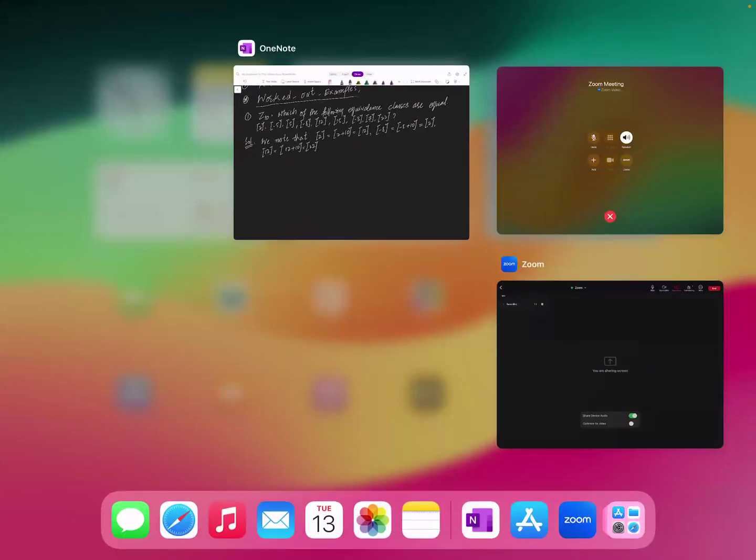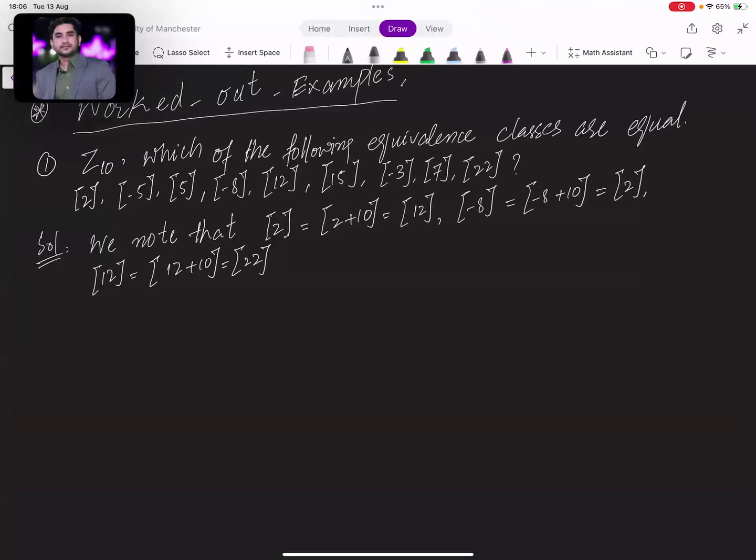Then 12 will be equal to 12 plus 10, which is 22.